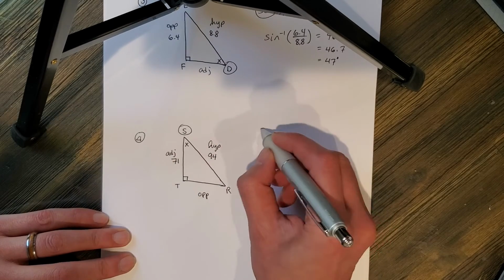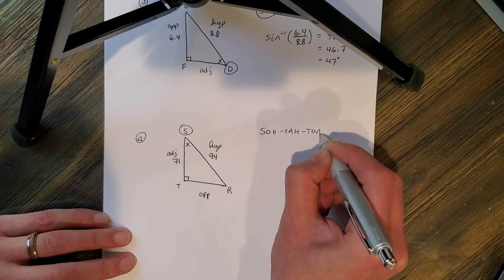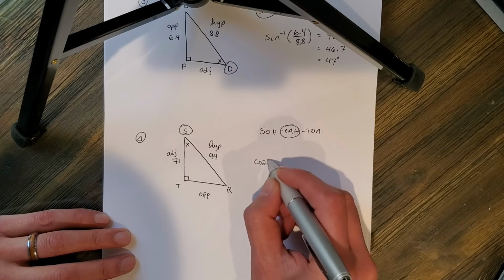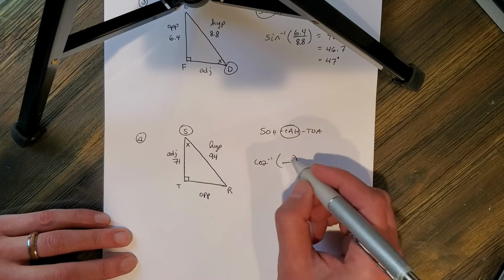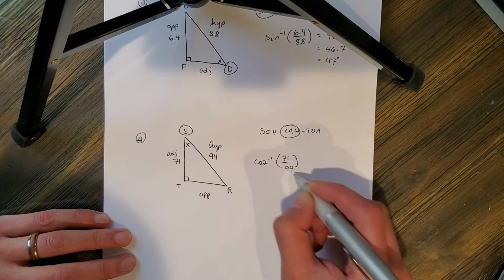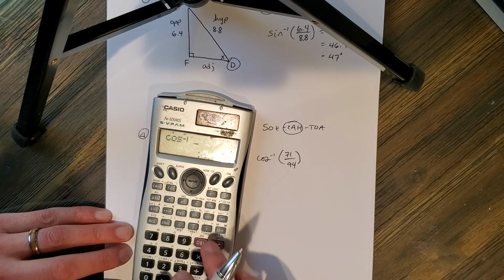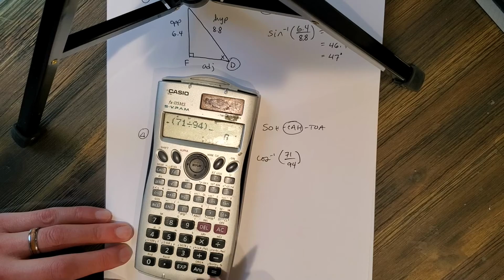So let's write SOH CAH TOA. Adjacent and hypotenuse, that's cosine. So we're going to do cosine inverse of adjacent over hypotenuse, 71 over 94. So inverse cosine of 71 divided by 94.